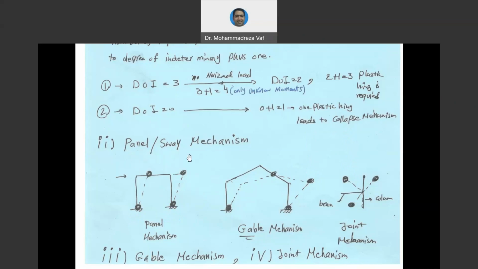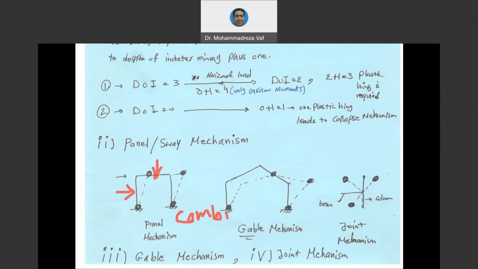Okay, so this one was a sway or panel mechanism, and it's applied when you have a frame. There are cases where your load basically is not applied exactly to the joint. Like you have a frame and your load is applied to the column, or your load has been applied to the beam together with the lateral load. In that condition, we have a combined mechanism.